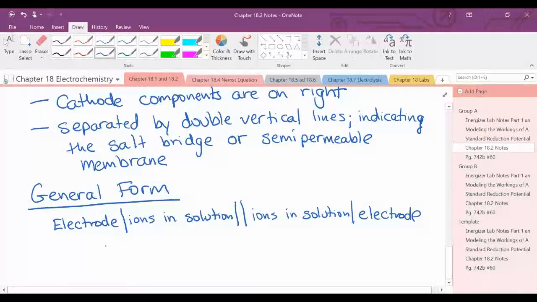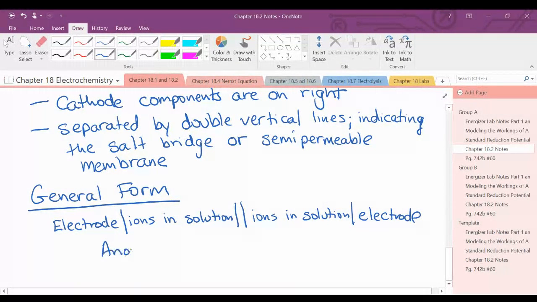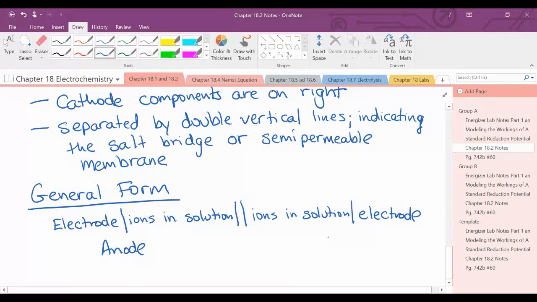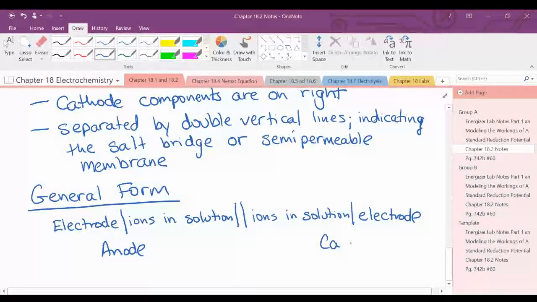And the left side is the anode components, and the right side is the cathode components.